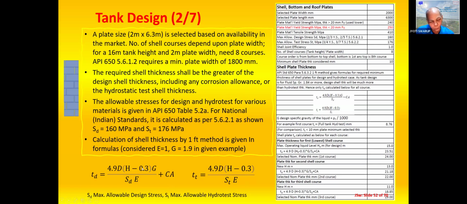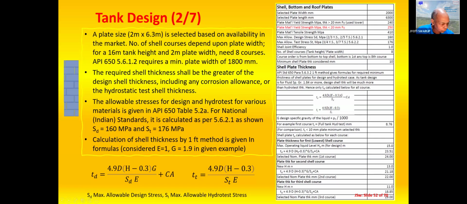So allowable stress is taken from API 650 Table 5.2, or Indian standards like IS 2062, and was calculated based on the formula given in API 650. I have calculated the allowable stress for design as 160 MPa and for hydro test as 176 MPa.